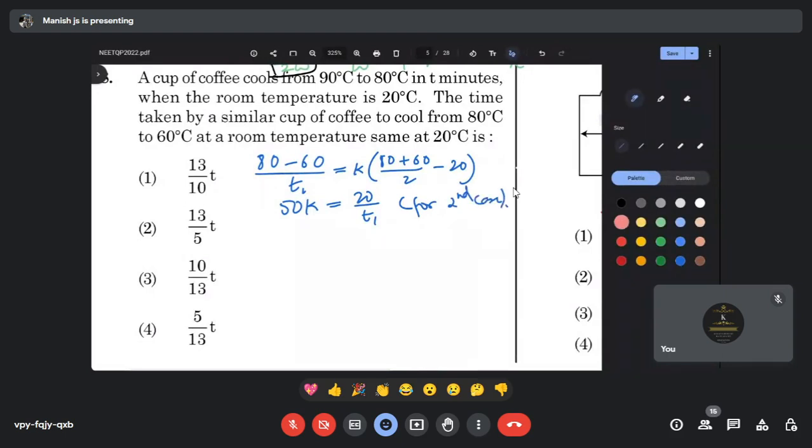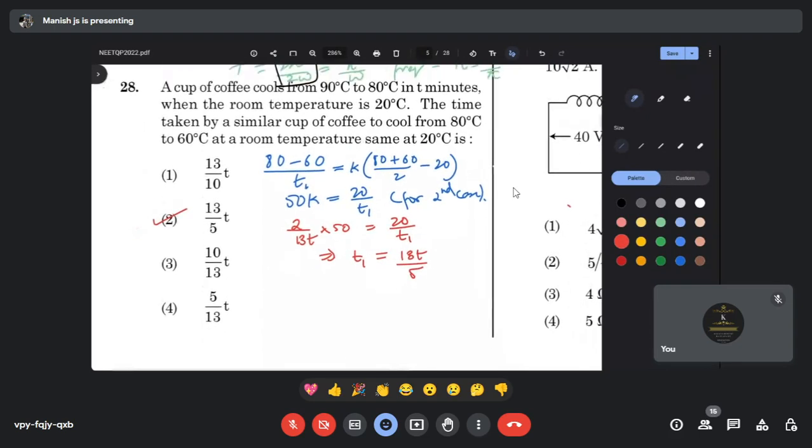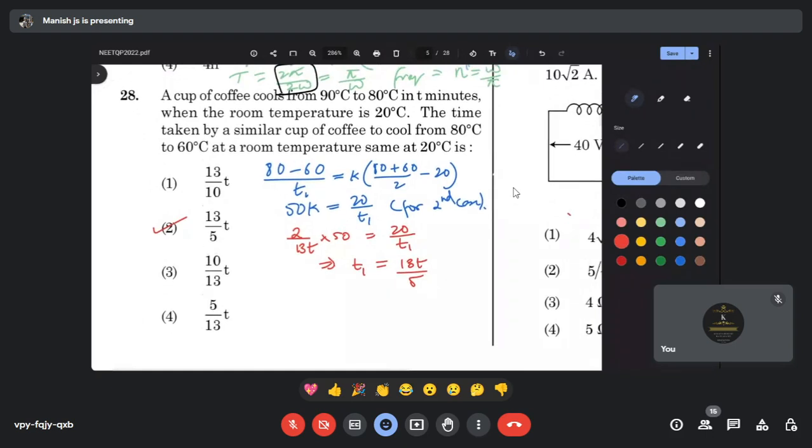So I'm relating it with respect to the first case. So you'll get 2 upon 13t into 50 is equal to 20 upon t1. So you would get this t1, or t dash, on rearrangement, as 13t upon 5. So 13t upon 5 is option 2. So option 2 is the correct answer. So directly substitute and relate both of them, and you would get the answer in one go.